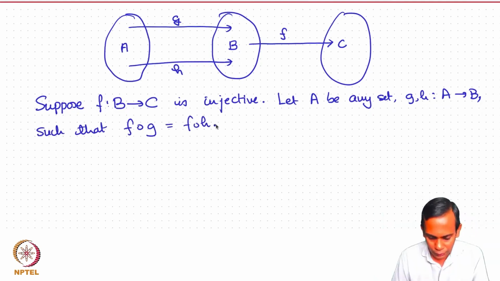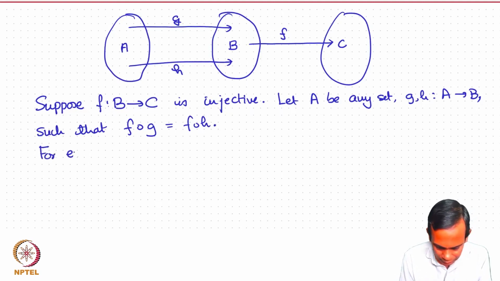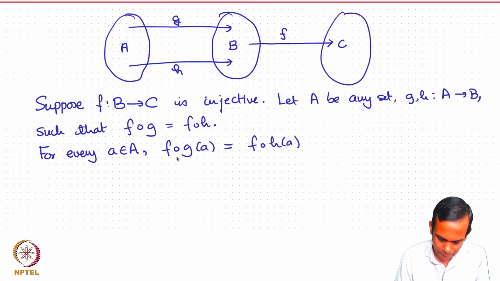Now we need to show that g is equal to h. What we have is that for every element a in A, f circle g of a is equal to f circle h of a.